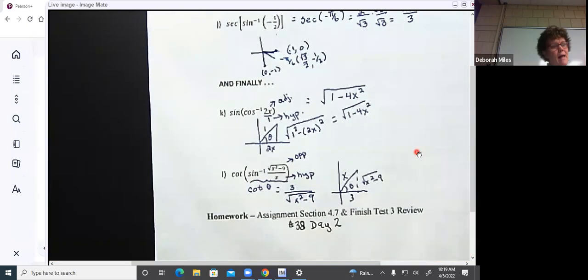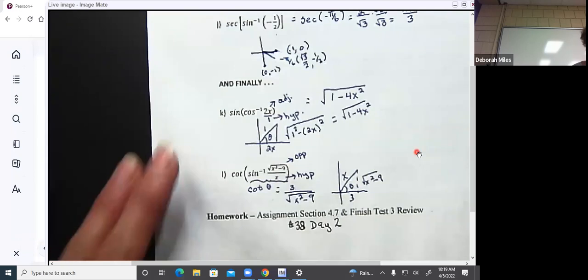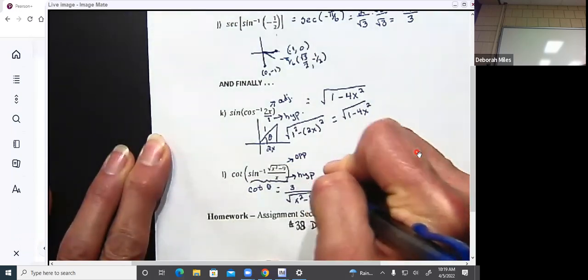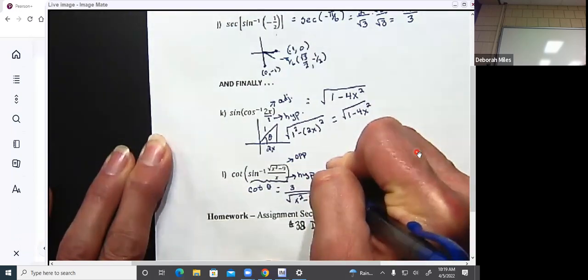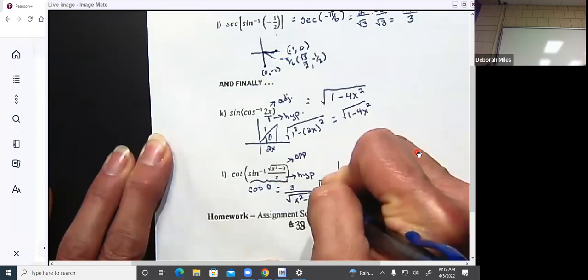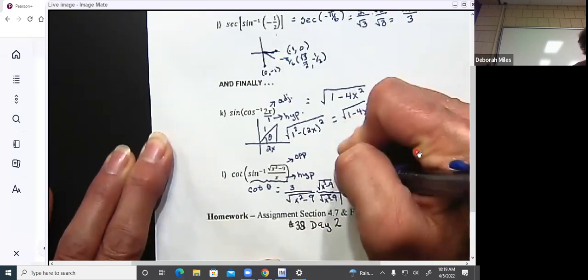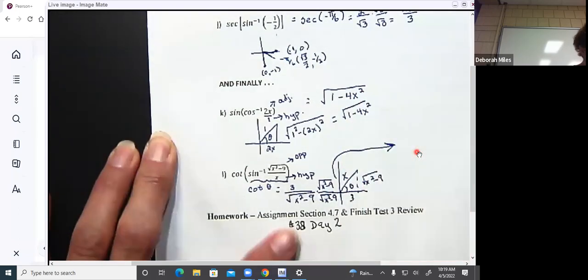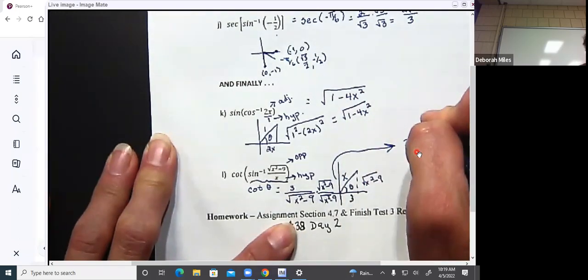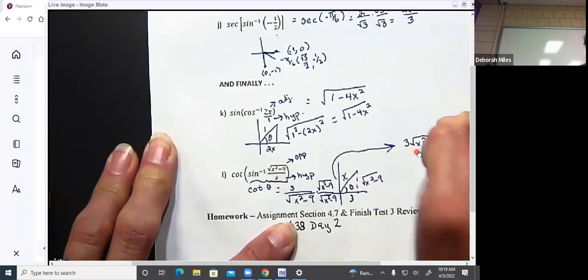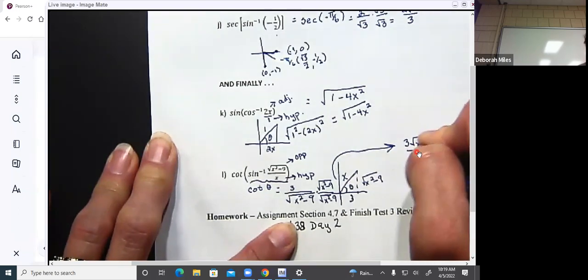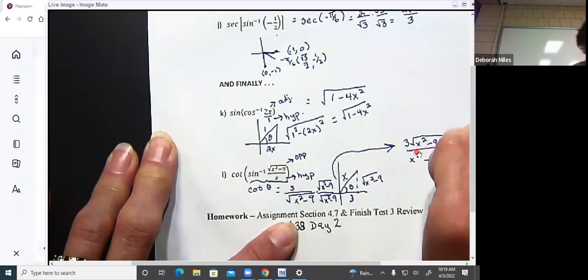And my math lab will probably have you rationalize that. Tell me how you would rationalize that if you had to. Yeah, on the test, I wouldn't ask you to do this, but I want to make sure you can in my math lab. That would be 3 square root of x squared minus 9 over x squared minus 9.